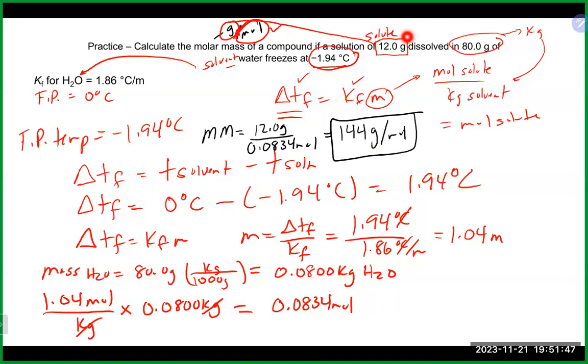So here we're using the freezing point information to get to the moles, and obviously the grams were given to us to calculate something like molar mass. So you could use this information, as you see in this problem, to calculate something like molar mass, in addition to just straight calculating out freezing point temperatures or boiling point temperatures. Any questions on any of those steps there?